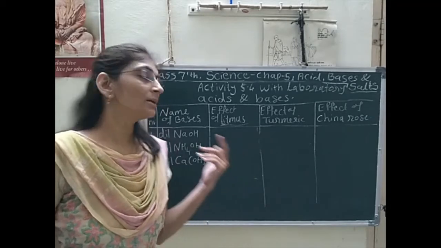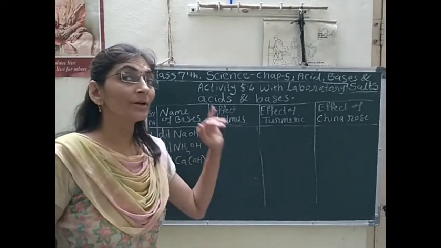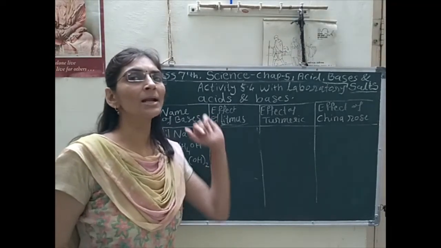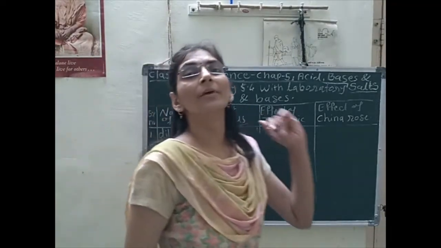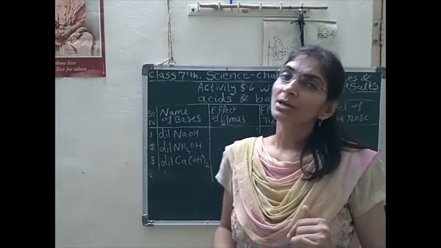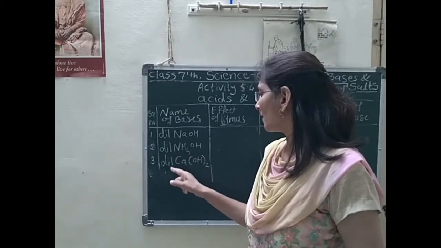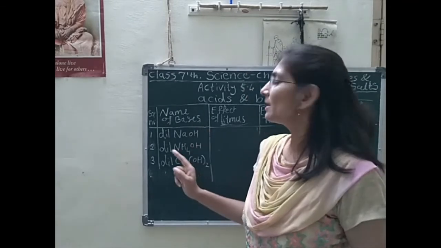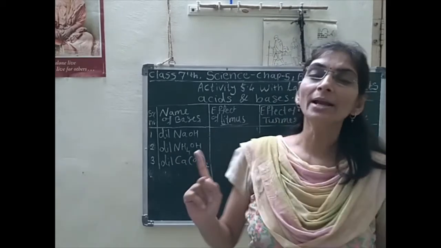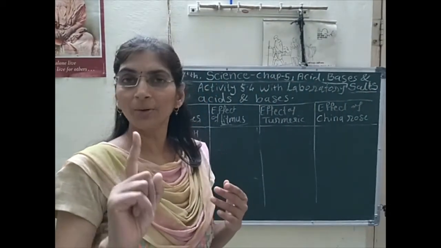The red litmus paper will react with dilute NaOH, dilute NH4OH, meaning ammonium hydroxide, and dilute lime water, meaning dilute calcium hydroxide, and it will turn blue.